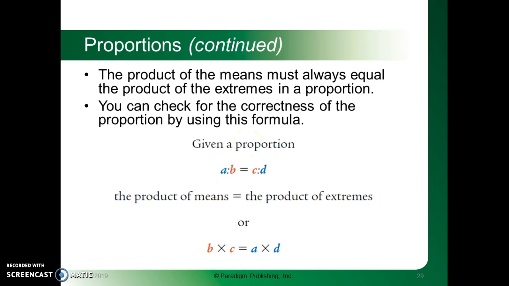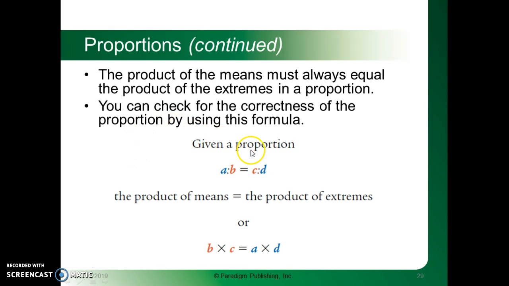How do we check if these two ratios are in proportion, or equal to each other? We will follow these steps. We multiply the innermost numbers, or the means, and that should equal the multiplication of the extremes, the product.